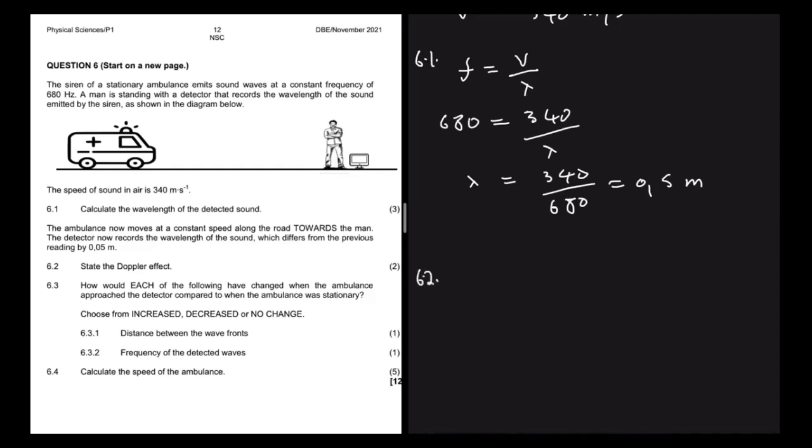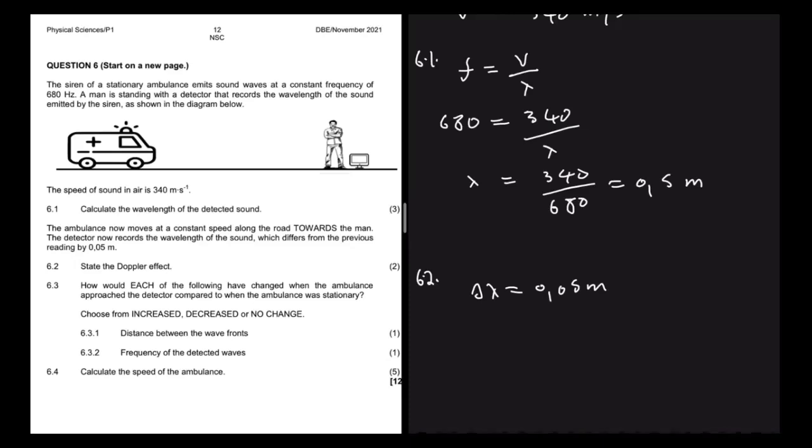And then we have 6.2, which starts with a statement. It says the ambulance now moves at a constant speed along the road towards the man. The detector now records the wavelength of the sound, which differs from the previous reading by 0.05 meters. Okay, so we have a change in wavelength which is equal to 0.05 meters. Okay, before we go any further, it is said that the ambulance is moving towards the man, right?